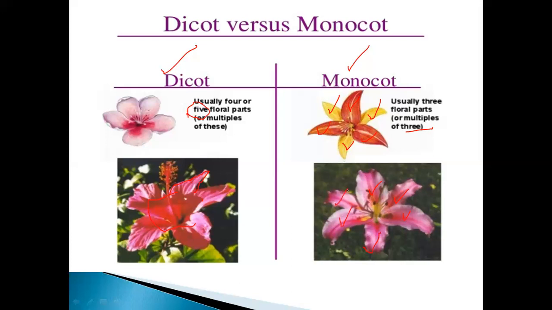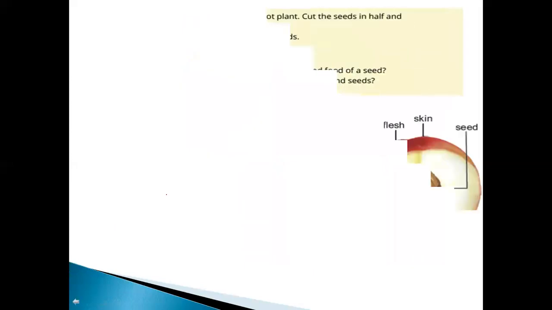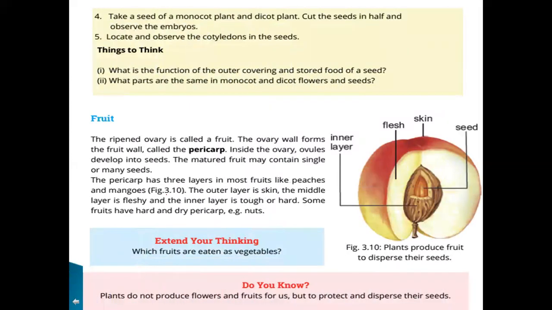A multiple of 3 is 3 twos are 6. So the main difference is monocot has floral parts in multiples of 3, and dicot in multiples of 4 or 5. They can be 4 or 8, they can be 5 or 10. So you can see around you there are lots of flowers which have these types of characteristics.